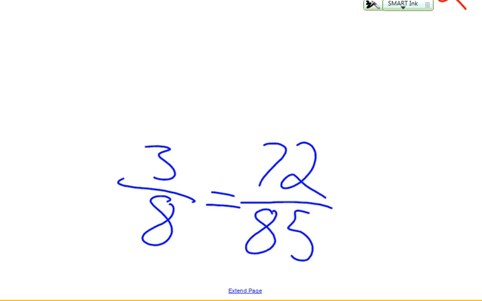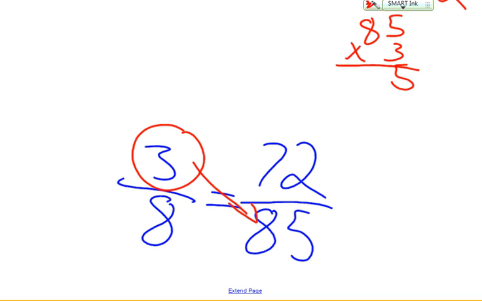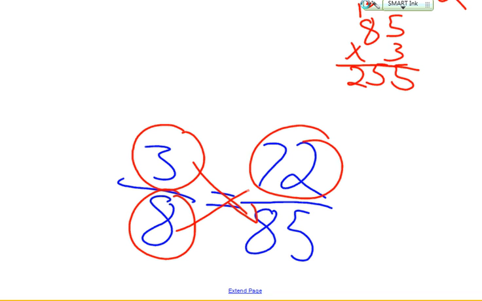This time we have 8 times 72 and 3 times 85. Now you see how these problems are not necessarily going to be simpler numbers. So I'm going to take 85 times 3: 3 times 5 is 15, carry the 1, 3 times 8 is 24, plus 1 is 255. Now when I multiply 8 times 72, cross multiplying the other direction, I should get the same answer.